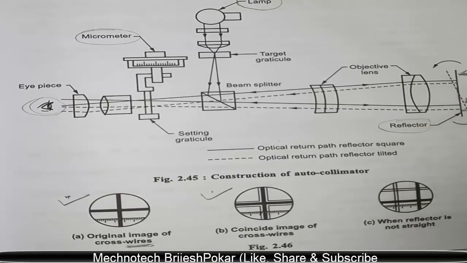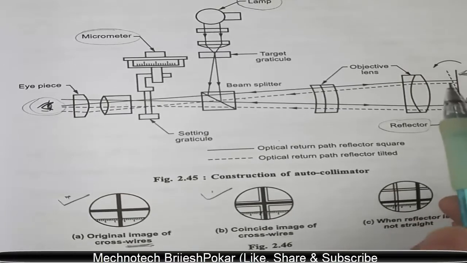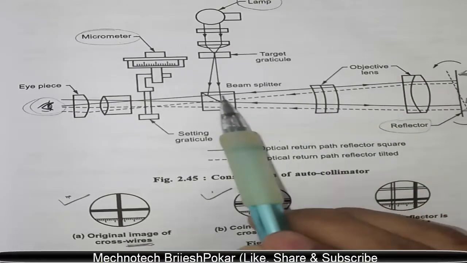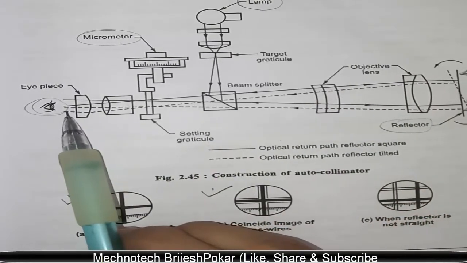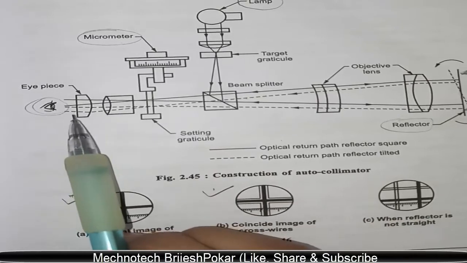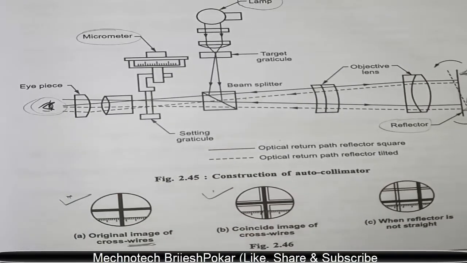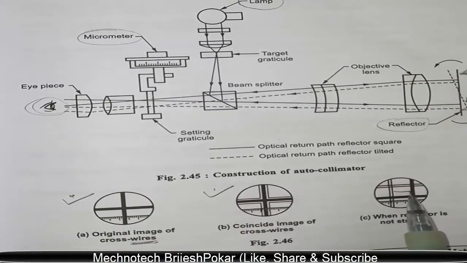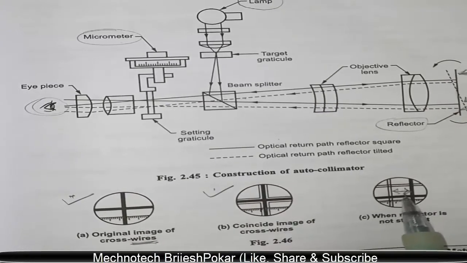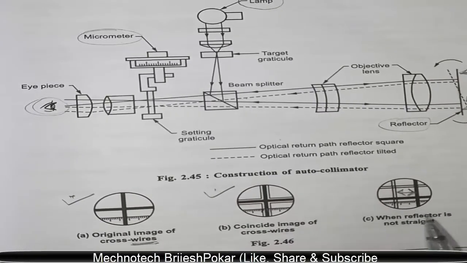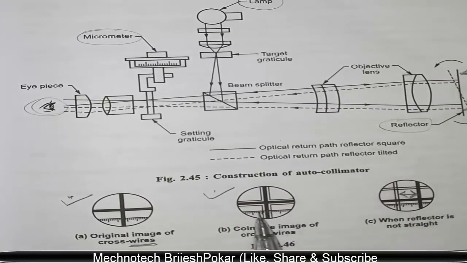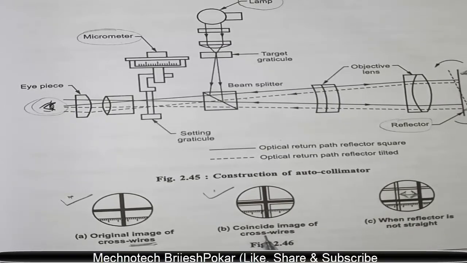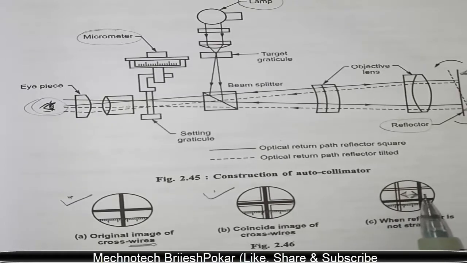then the reflection of these rays has some difference over here. It creates some difference, so your eyepiece and micrometer reading will be at some distance. This is the distance x. Before, the image of the cross wire coincided, and after reflection it is not straight, so here it has some deflection.